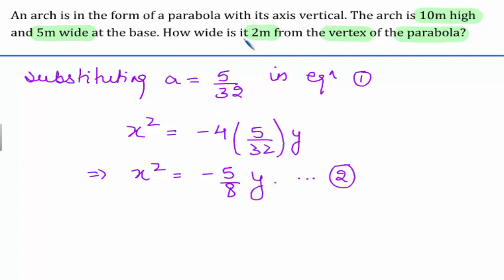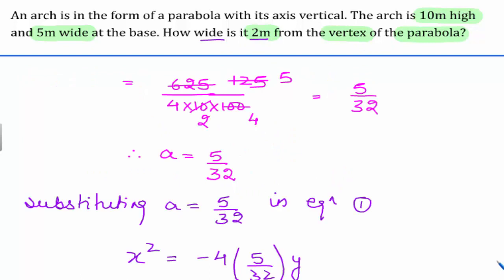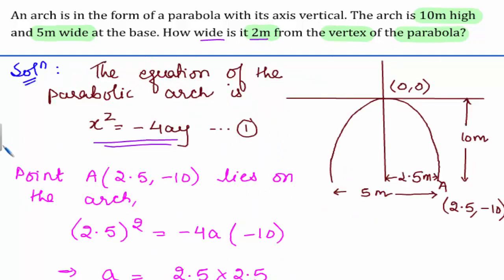Now we have to find the width of the parabolic arch 2 meters from the vertex of the parabola. So suppose up to here the distance is 2 meters, right? So this distance is 2 meters.